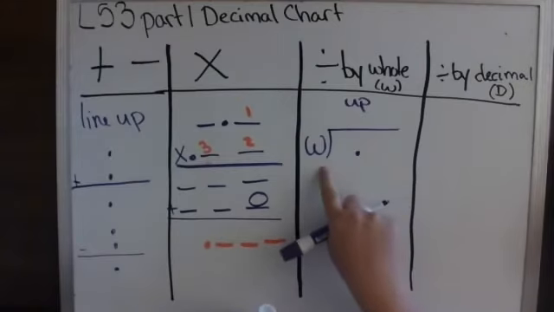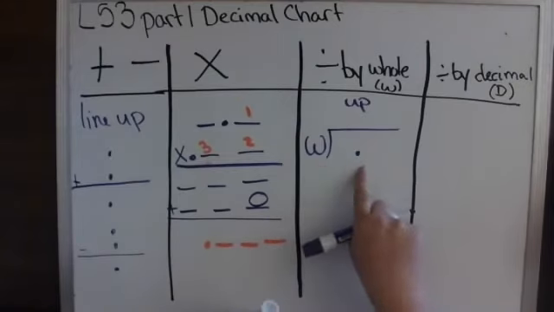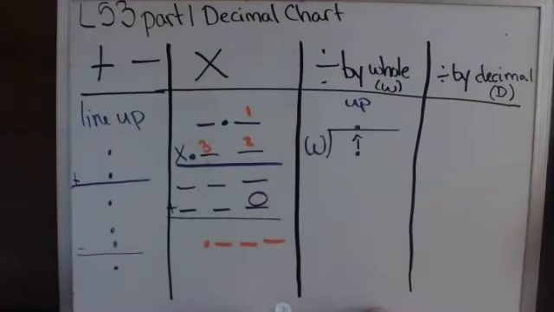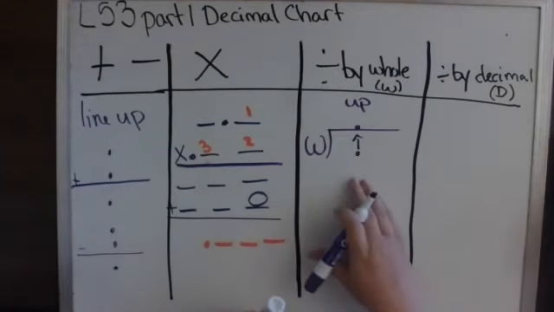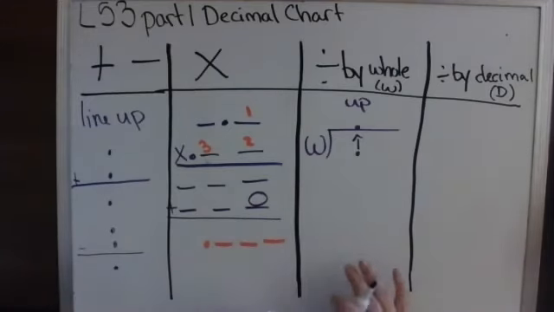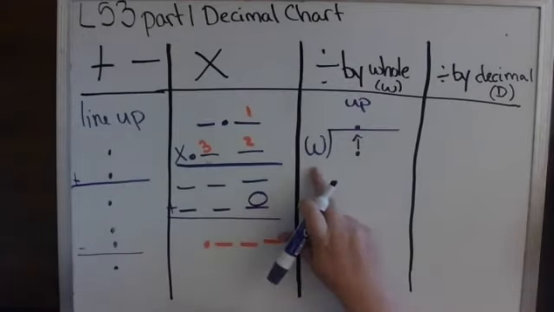Your whole number is your divisor. Your dividend has a decimal. You just move that decimal straight up into your answer and do your division around it. You do your division as normal and then move the decimal straight up. Nice and simple for division by a whole number, very specifically by a whole number.